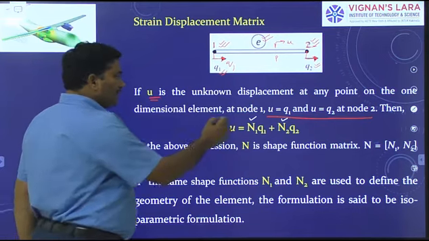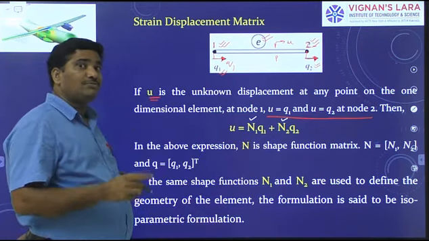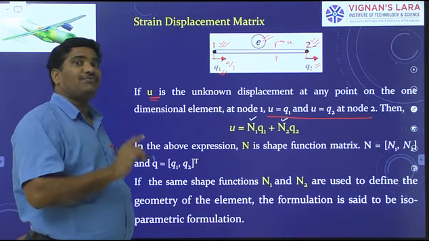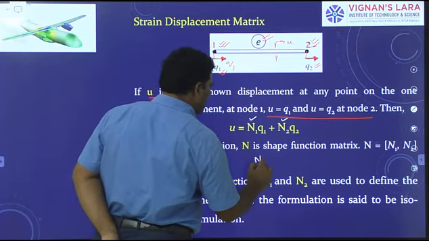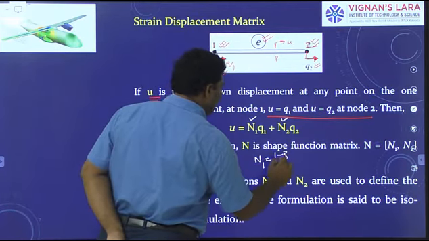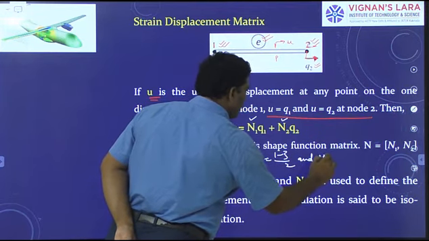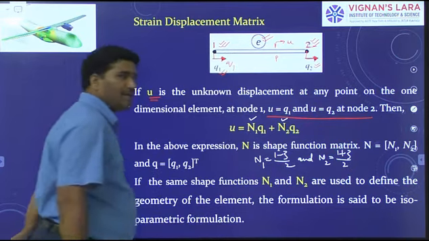We know that N1 is a shape function defined in terms of J. We already derived the shape functions N1 and N2. Therefore, N1 equals 1 minus J by 2 and N2 equals 1 plus J by 2. What is J? It is the natural coordinate.